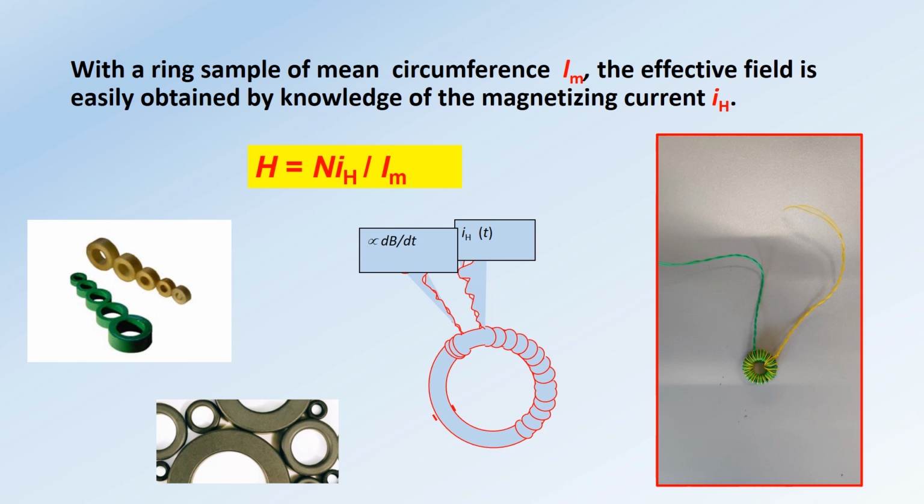In the middle, there is a sketch of the toroid with the primary and secondary winding, proportional to the magnetic induction variation with time.